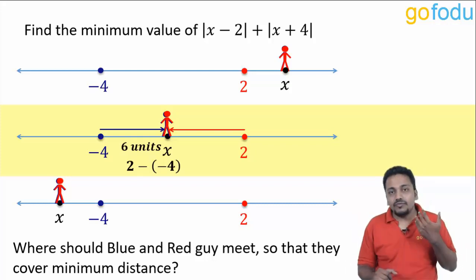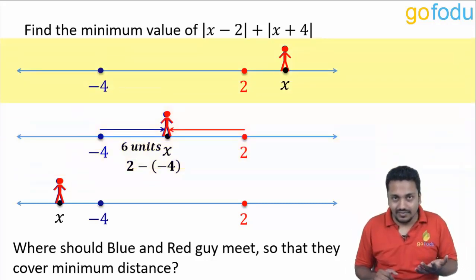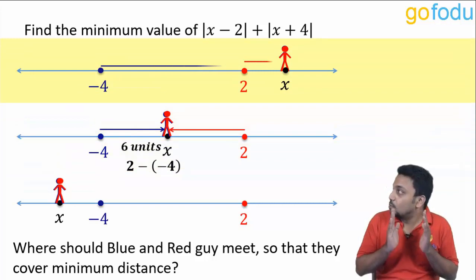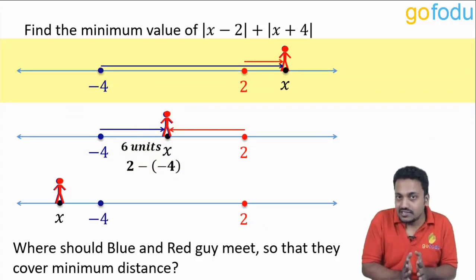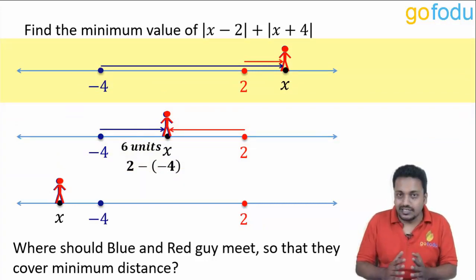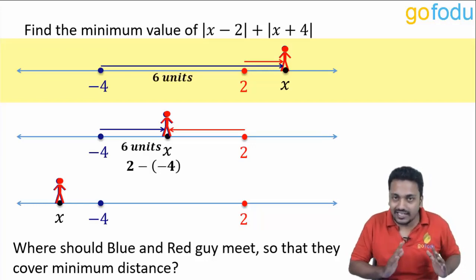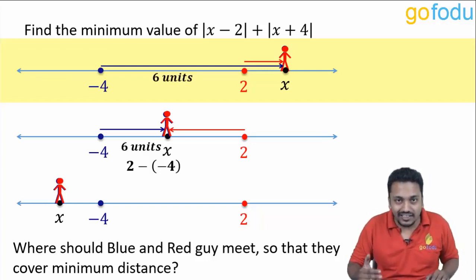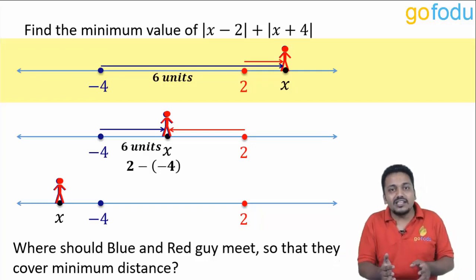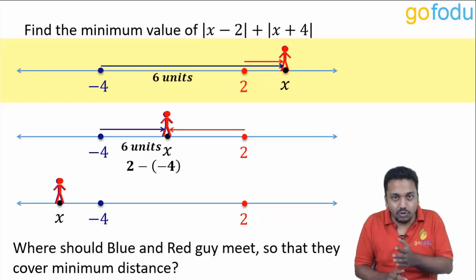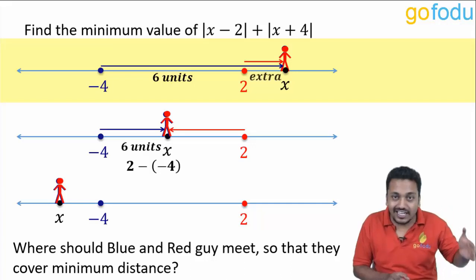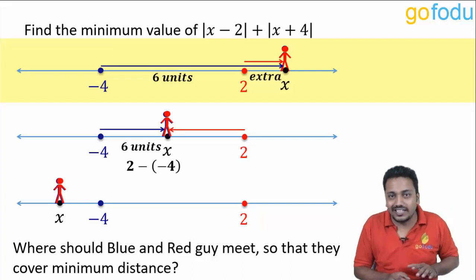Now let's talk about the first case. The total distance is this blue arrow plus the red arrow. This distance between minus 4 and 2 is 6 units, which we got in the second case as well. But here, in this first case, the distance towards the right of 2, that is from 2 to x, is extra, which was not there in the second case.